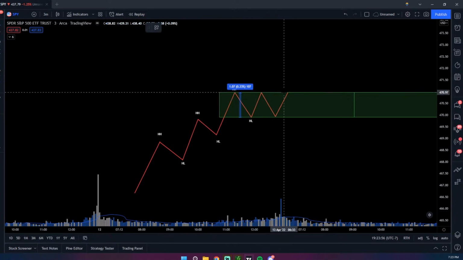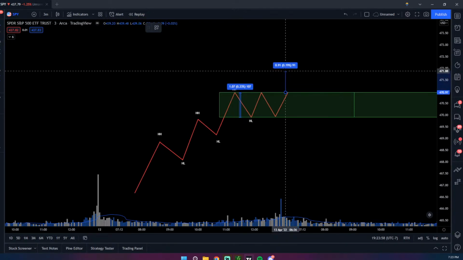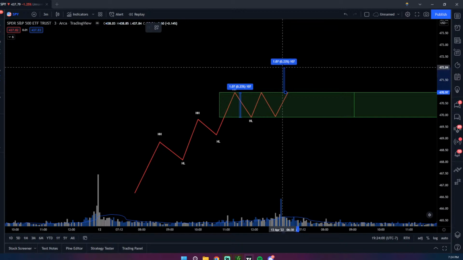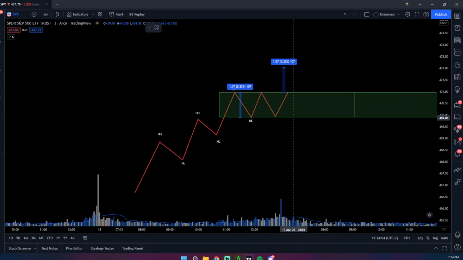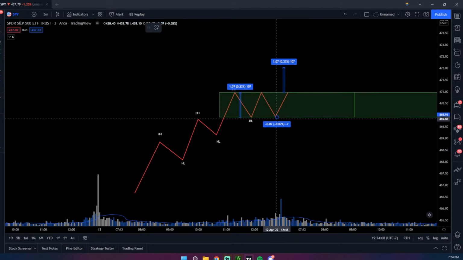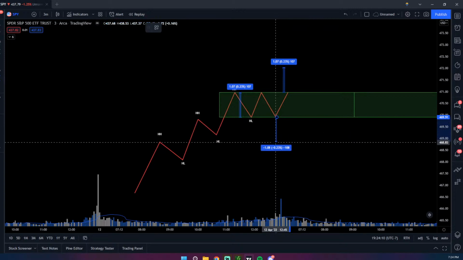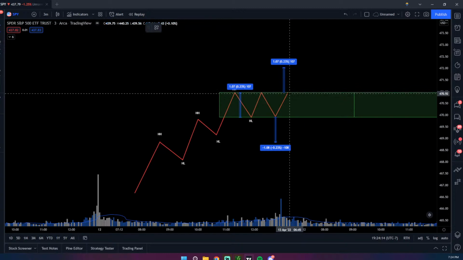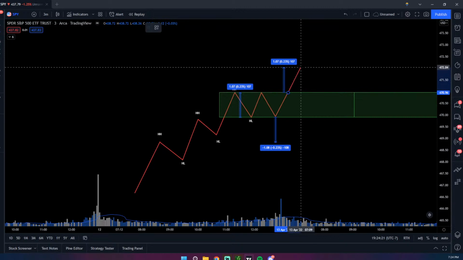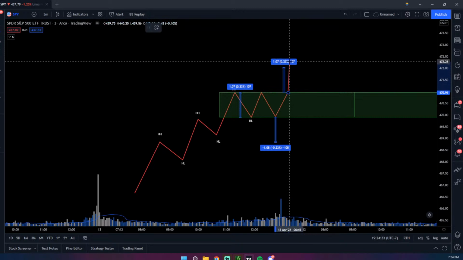And then you measure from the top of the box up 0.23%. And then you measure from the bottom of the box down 0.23%. And when this finally breaks, if it breaks to the upside, more likely than not, we're going to make it to that 0.23%.